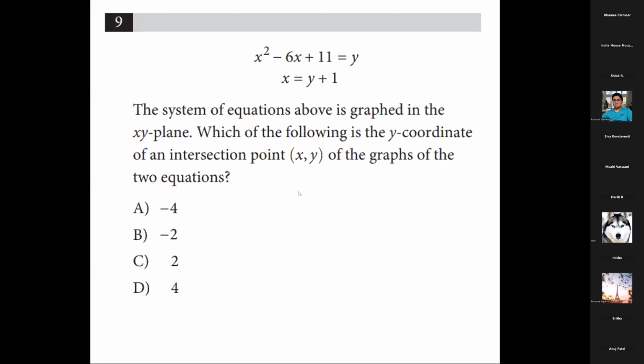Well, the intersection point means that both of the x values and y values are equal with each other, so we can just set these equations equal to each other. So since we can do that, we can also just plug in. So we know that y is equal to this, so we can just plug that into the bottom equation. So we get x equals, and when we plug in y, which would just be x squared minus 6x plus 11, and then we still have the plus 1.